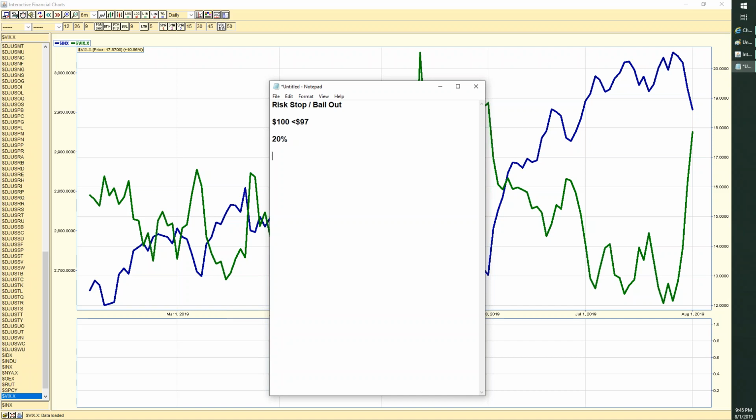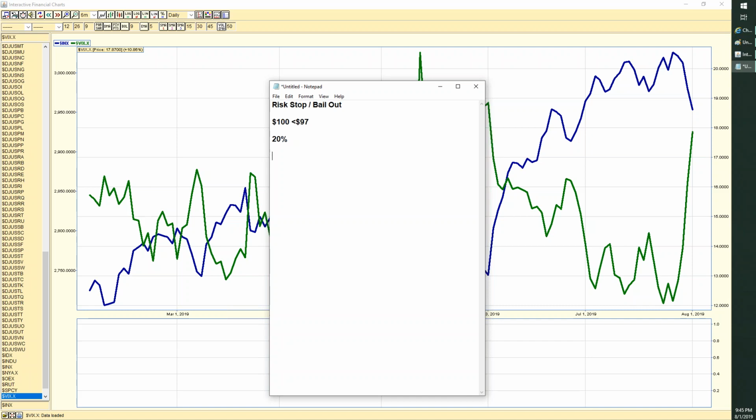So 4% is the max, but based on the size of your portfolio, I would pare that back. If your portfolio is from $0 to $5,000, I would set my max allowable risk per trade at 4%.